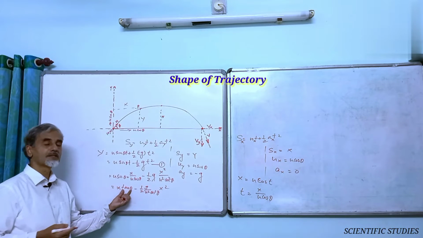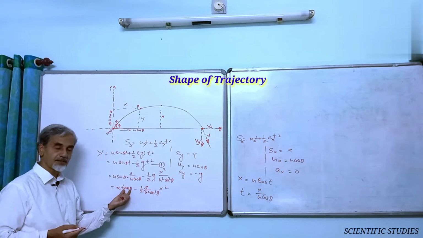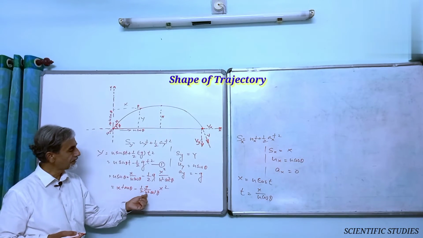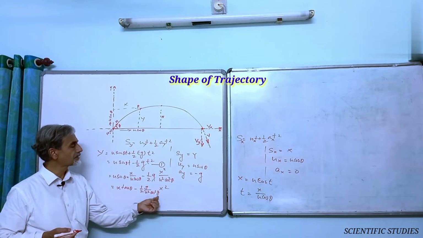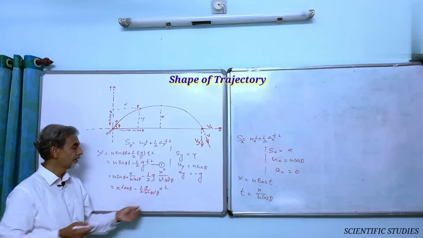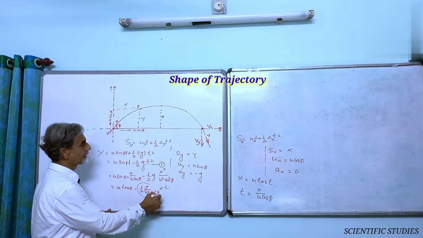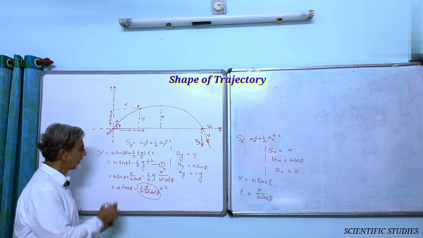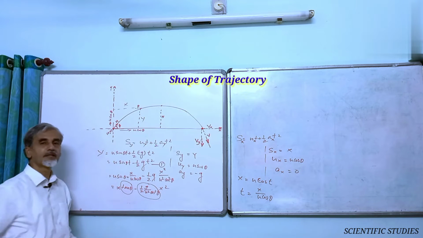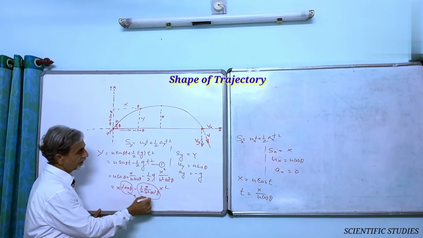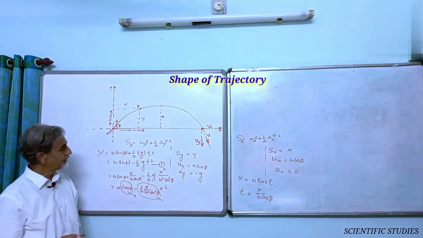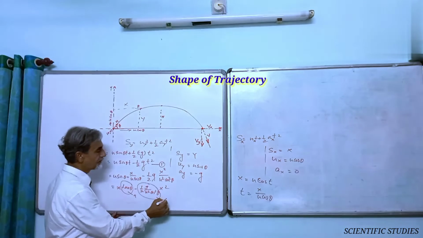Tan theta is constant because theta is constant, g is constant, u is constant because it is the initial velocity, and cos square theta is constant because theta is constant. So this term can be taken as constant, and this tan theta can also be taken as constant. Take tan theta as a and half g by u square cos square theta as b.